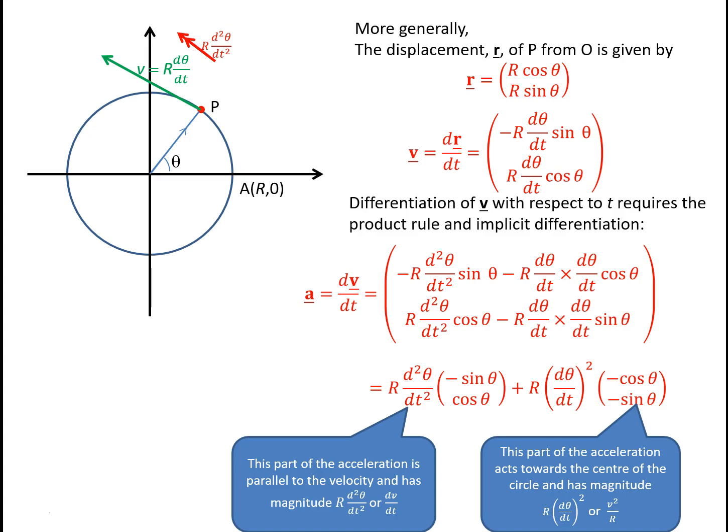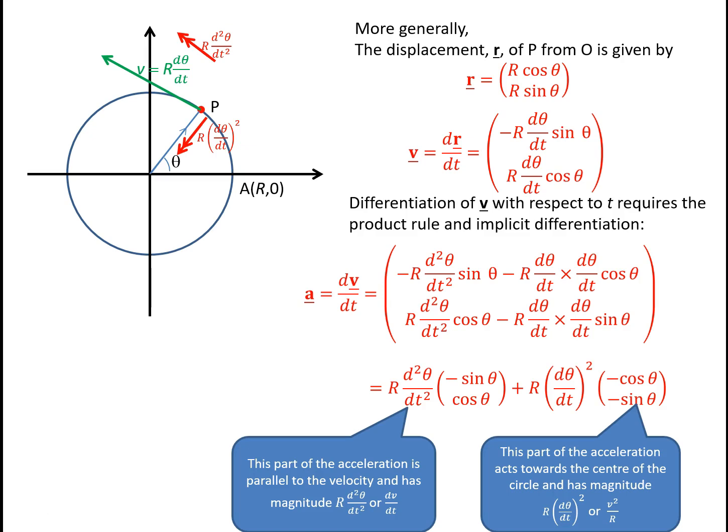The direction of the vector (minus cos θ, minus sin θ) is in exactly the opposite direction to the displacement. So that is back towards the centre of the circle. So this second component of the acceleration is a component of magnitude r (dθ/dt)², which can also be written as v²/r, acting towards the centre of the circle. So there is our second component of the acceleration.